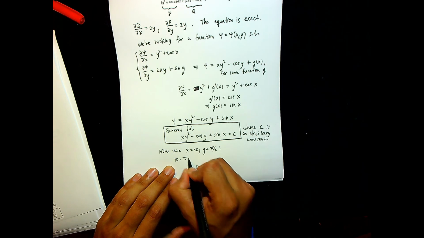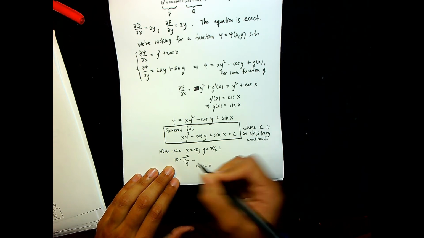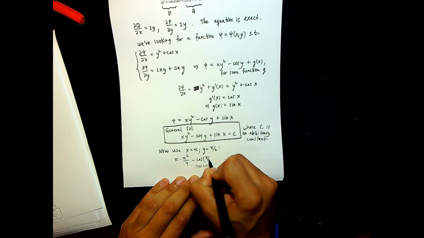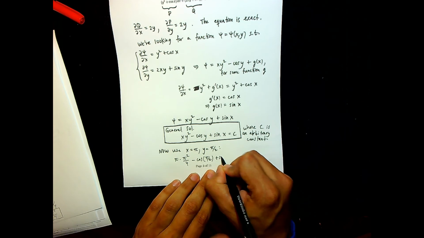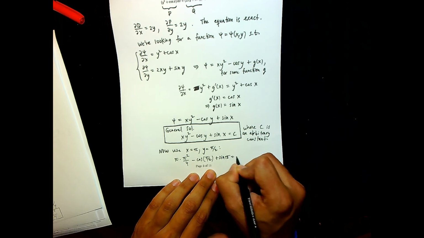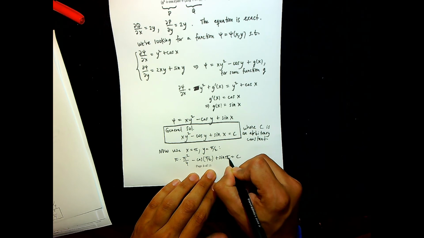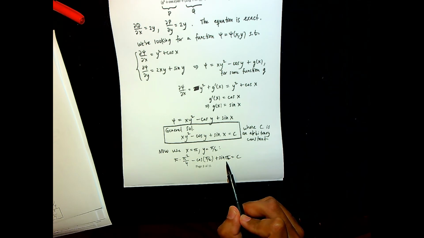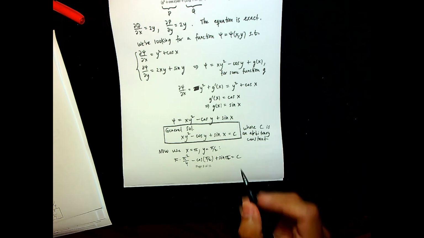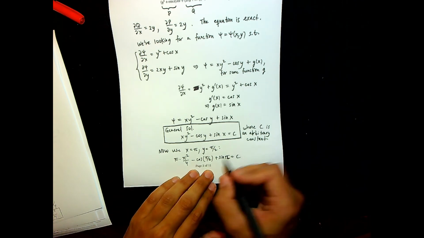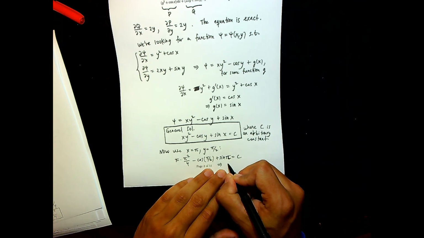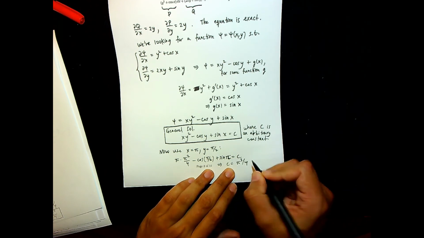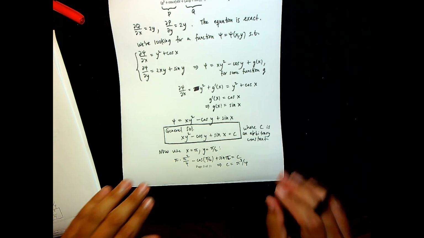So pi over 2 squared is pi squared over 4, minus cosine of pi over 2 plus sine of pi equals C. Now, cosine of pi over 2 is 0. Sine of pi is 0. So that means C equals this. So that means really then that C equals pi cubed over 4.